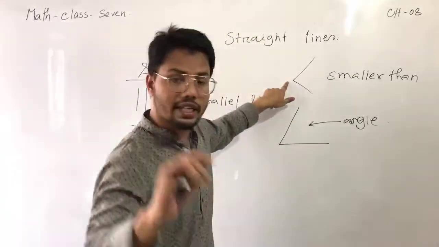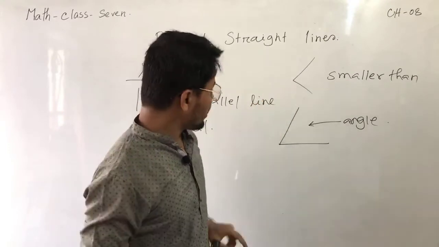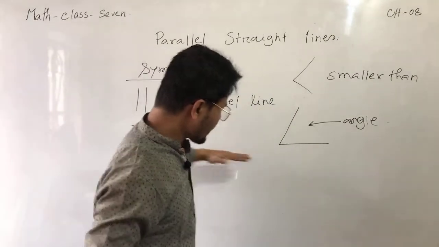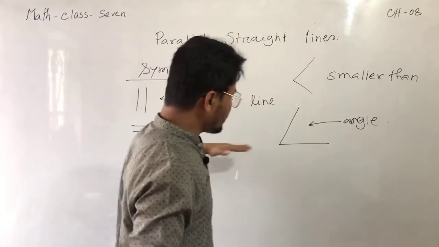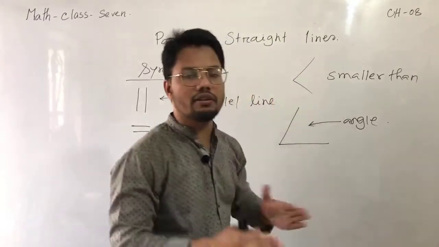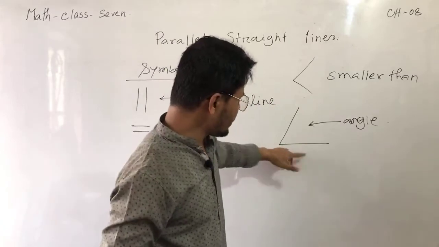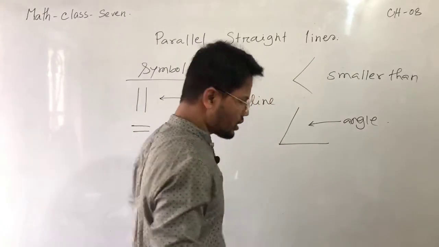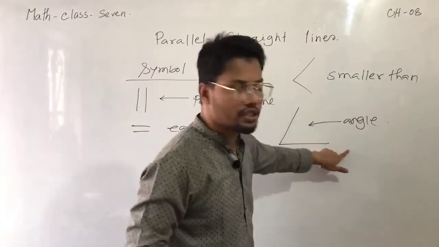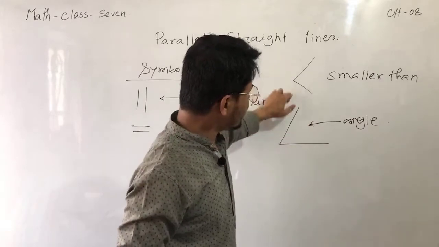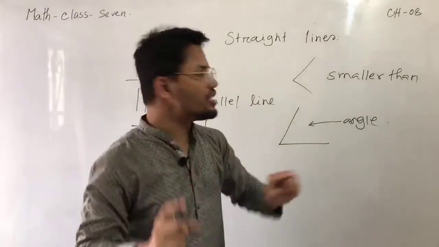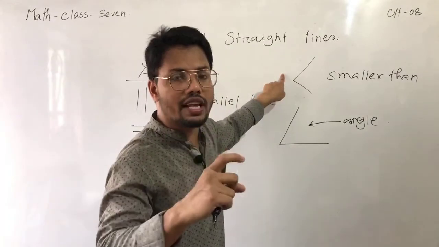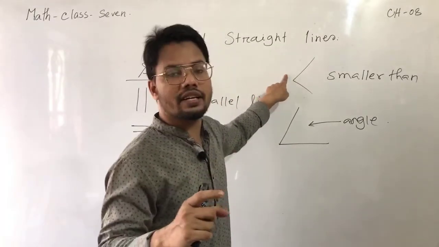Yes, they meet at a fixed point. But here one ray is horizontal, and there is no other horizontal line. This line is perpendicular to the earth. Yes, they meet at a point, but this symbol looks like an angle, but it is not an angle symbol.